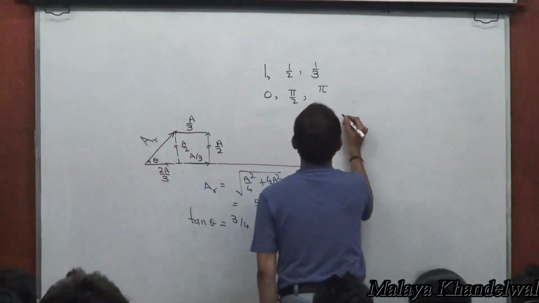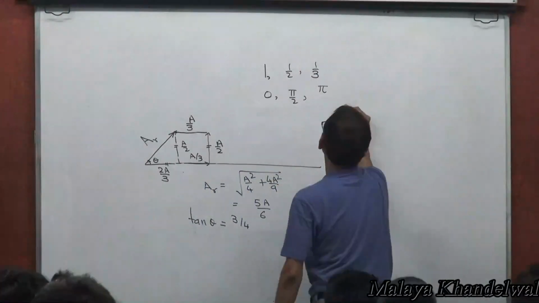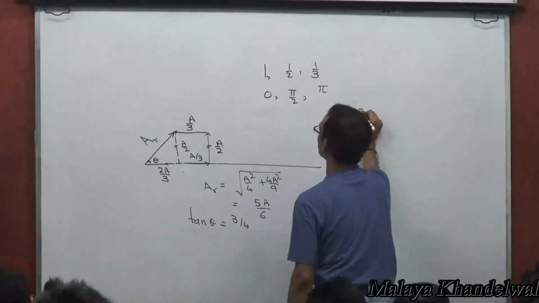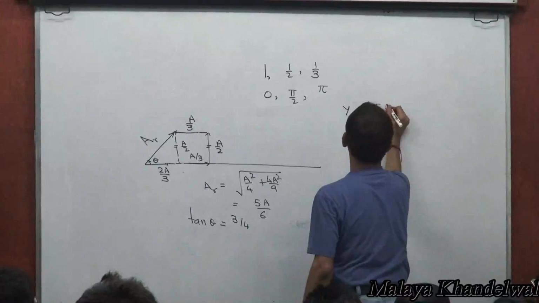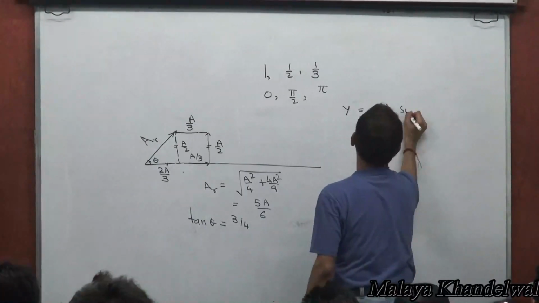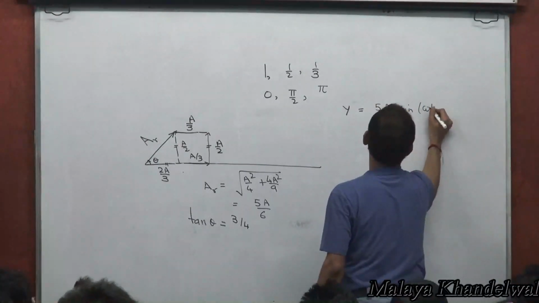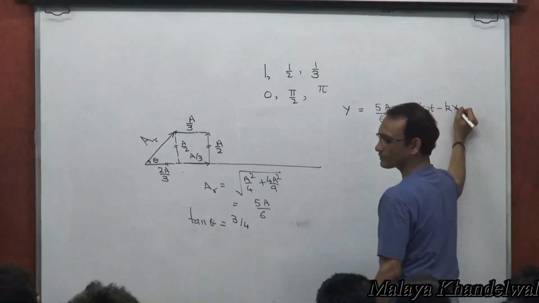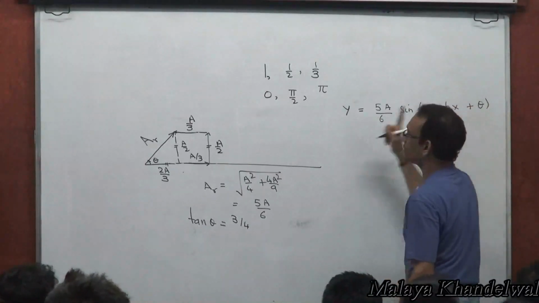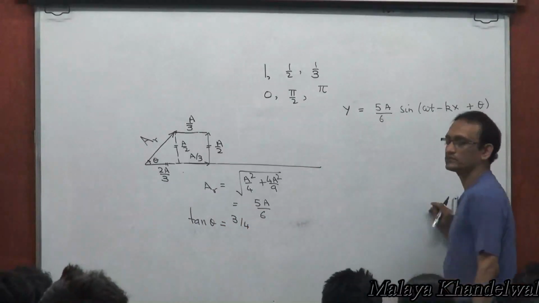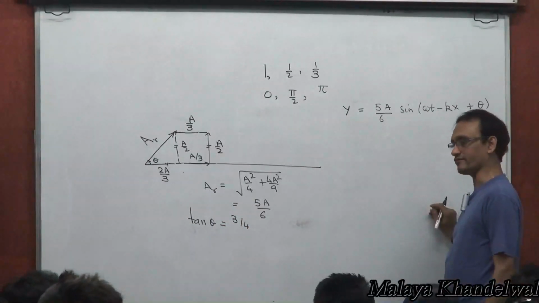And therefore the required displacement, suppose they were all sinusoidal, the required displacement characteristics produced by the net of all these would be 5a/6 sine omega t minus kx plus theta, where theta is such that tan theta is 3/4, right?